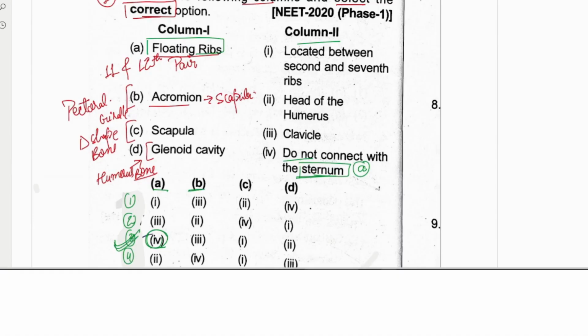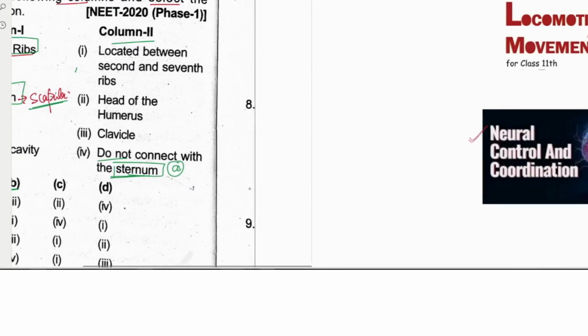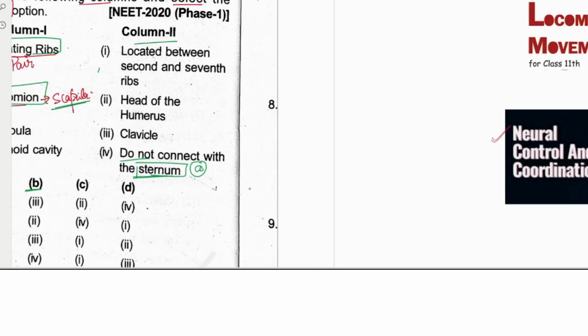B is the acromion. As I told you, the acromion is the part of the scapula which is in attachment with the clavicle bone. Let me explain the structure of the scapula first so you can understand better. The structure would be like this, and here is the glenoid cavity in the scapula bone.